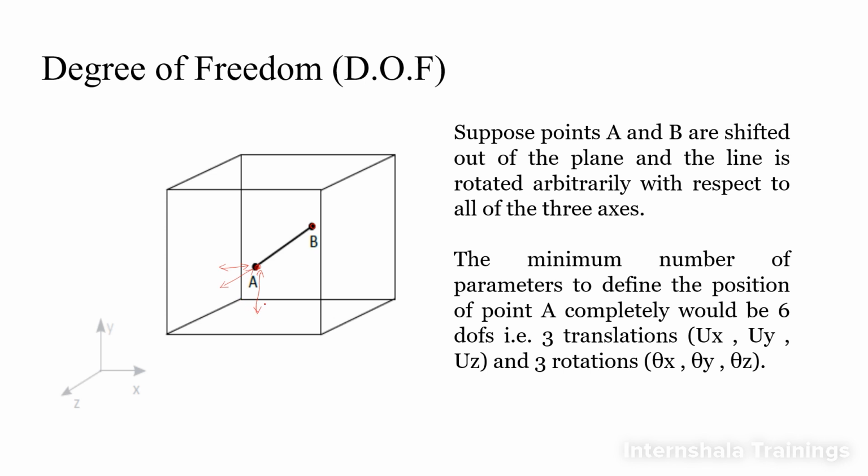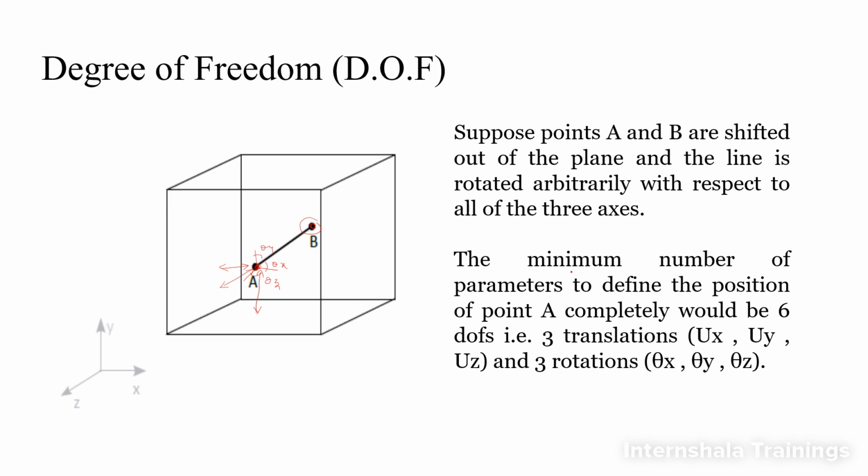So we have 3 linear dimensions, and in addition to that, for me to define the position of point B, I also need the rotation angle about x-axis, which is theta x, about y-axis, which is theta y, and about z-axis, which is theta z. So if I have all the 6 dimensions, I will be able to specifically define the position of this object AB in space.